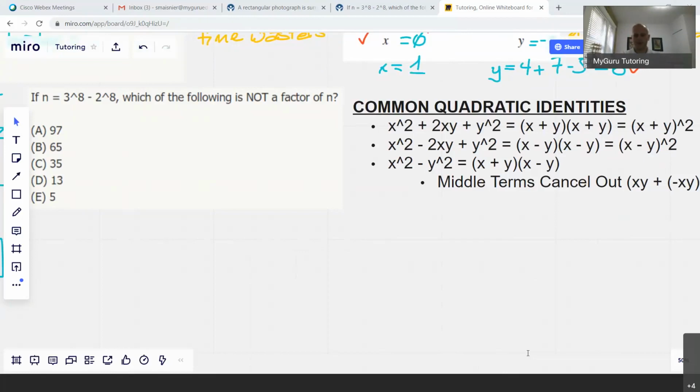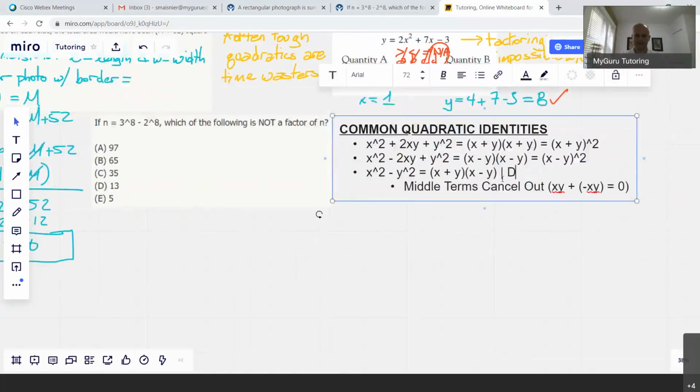Which of the common quadratic identities might be relevant? Yep, it's the difference of squares, and that's what this is technically known as.